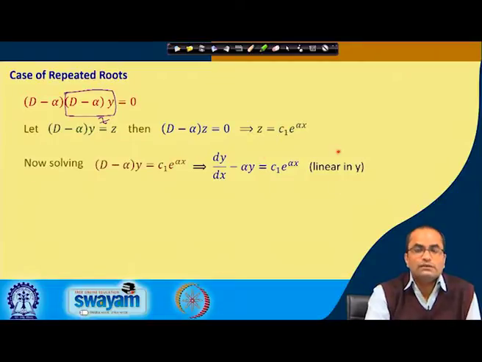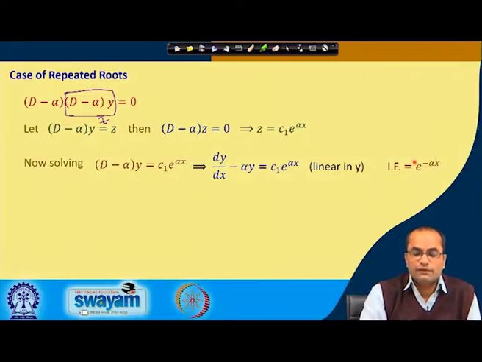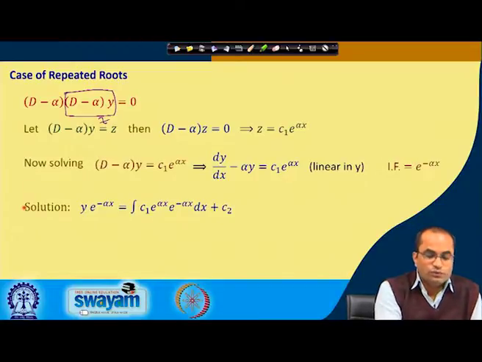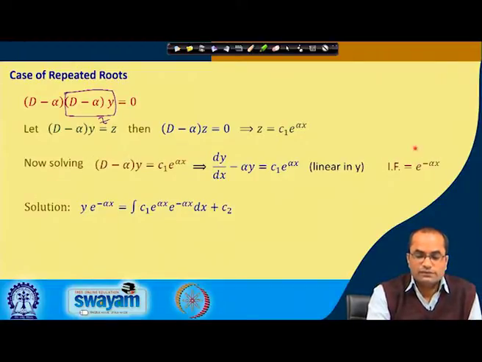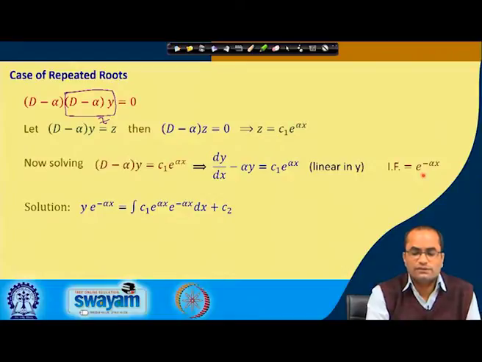This is a linear equation in y, and the integrating factor here is e power minus alpha x. We have already discussed the solution of linear equations in the last lecture.